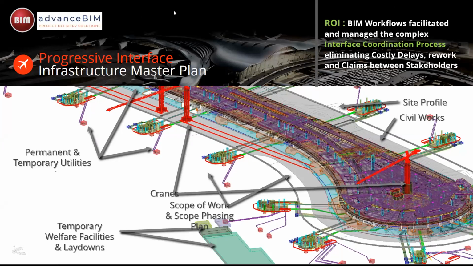So on this slide, we are demonstrating how BIM could be leveraged to control the interfaces between the project and all the functions of the project and other contractors and subcontractors in the region. As you can see here, those are interface points. Those interface points are visually shown and also controlled within a system.